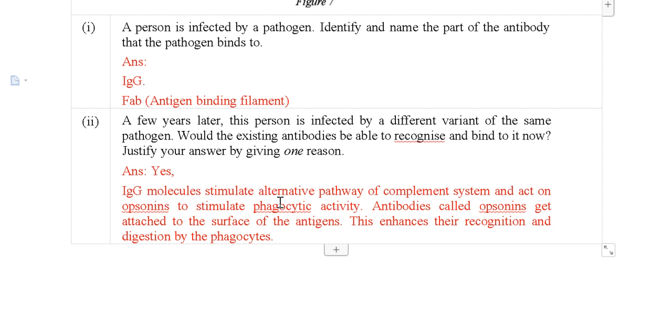IgG molecules stimulate the alternative pathway of the complement system and act on opsonins to stimulate phagocytic activity. Antibodies called opsonins get attached to the surface of the antigens. This enhances their recognition and digestion by the phagocytes.